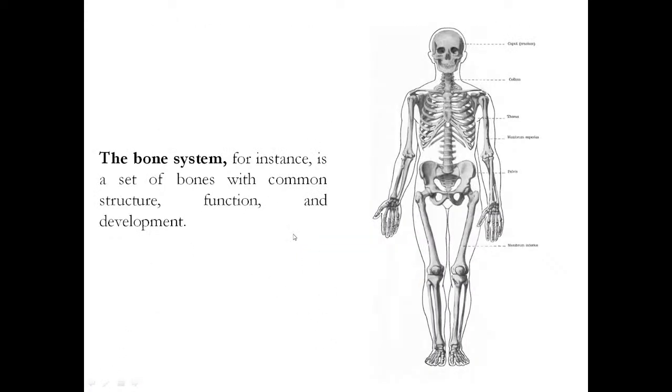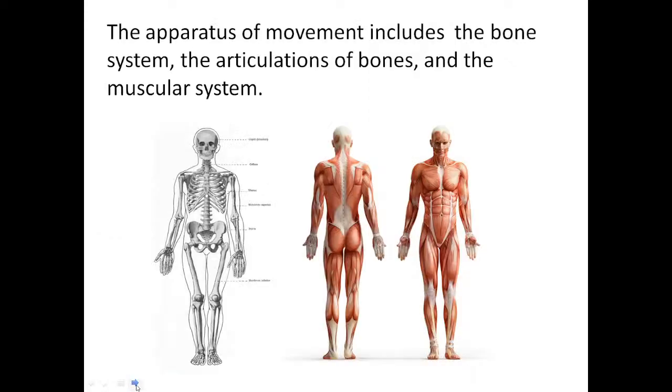The bone system, for instance, is a set of bones with common structure, function, and development. This is the bone system. The apparatus of movement includes the bone system, the articulations of bones, and the muscular system.